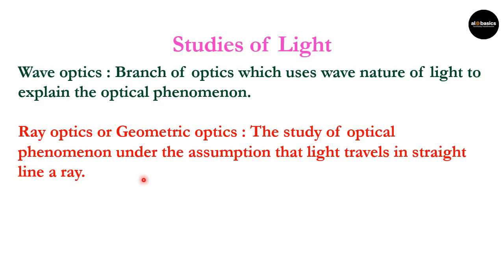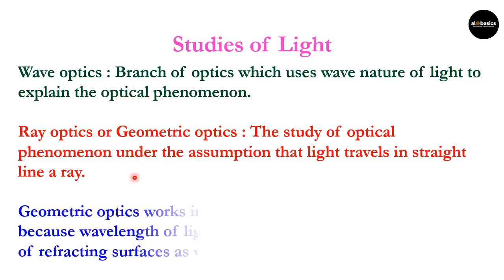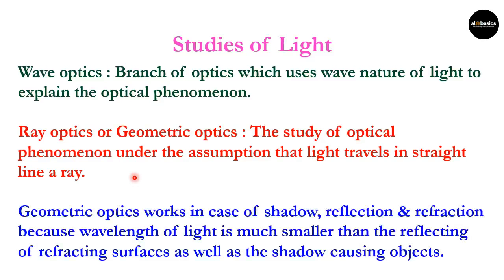Then what about rectilinear propagation of light when we consider it as a wave? The rectilinear propagation of light is explained on the basis of waves because the wavelength of light is very small.